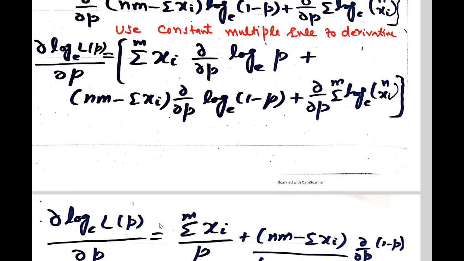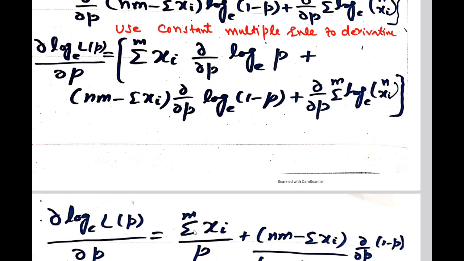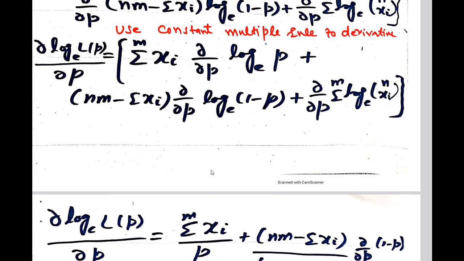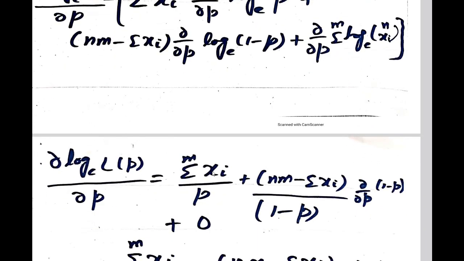When we take the derivative, sum of m xi times partial over partial p of log of p is 1 over p, so sum of m xi over p, and again the derivative of p with respect to p is equal to 1.